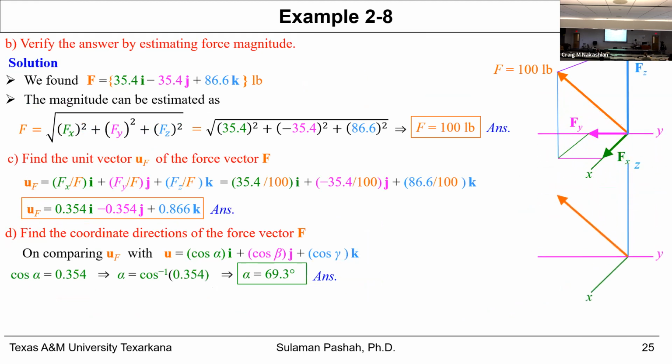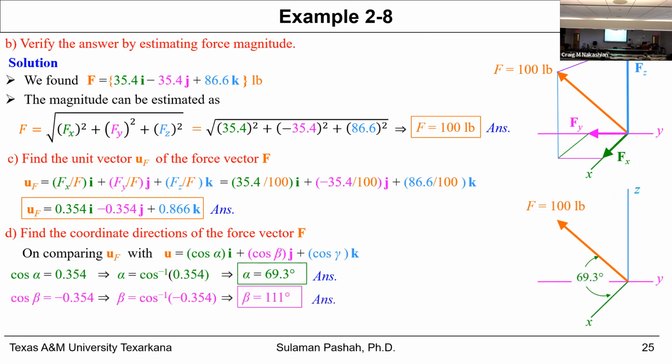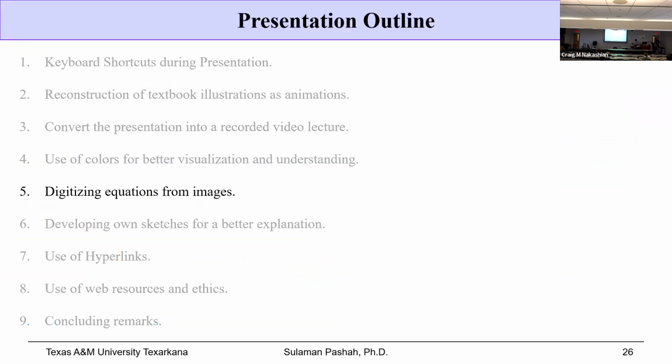And then the next is last, how this vector is making angle with x-axis, y-axis, and z-axis. So a complicated image with the colors and stepwise development makes it quite easy, if not easy, convenient for the students to follow up how this complicated sketch was developed.